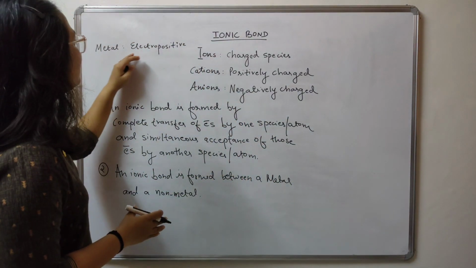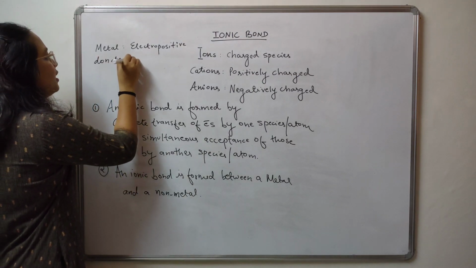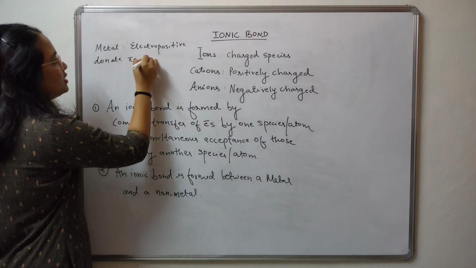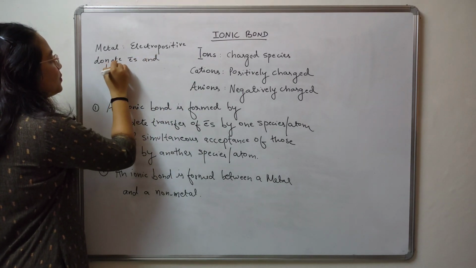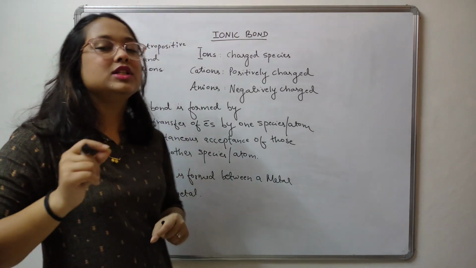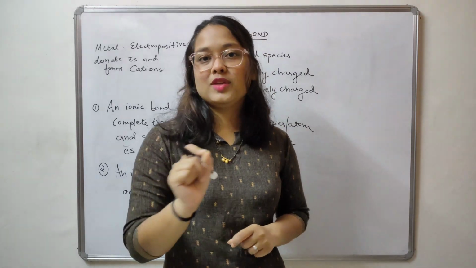That means they donate electrons. Now if they are donating electrons, what will they form? They donate electrons and form cations. So metals tend to donate electrons because they are electropositive in nature, and they are the ones which will form cations.